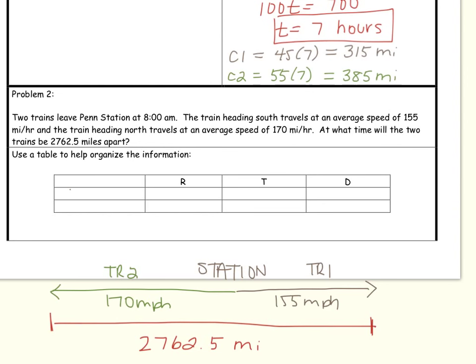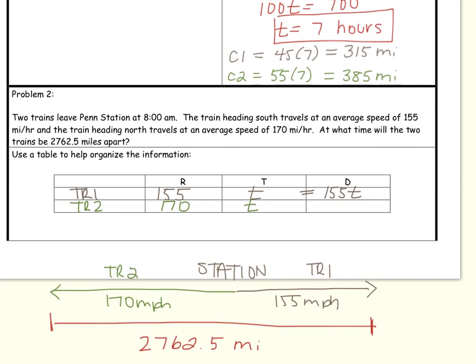So for train 1, we know that train 1's speed is 155 miles per hour. We don't know what that time is. That's what we're looking for. But we do know that the distance covered will be 155 miles times however long it takes. Train 2 is traveling at 170 miles per hour.